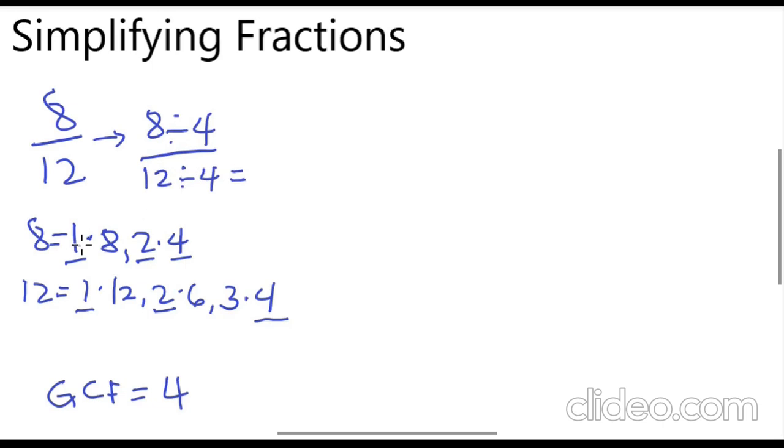And then, ang ipapalit natin, syempre, of course, yung kapartner ng 4 dun sa factors ng 8. So, 8 divided by 4, as you can see, ang partner po ng 4 dito is the 2. And then, over 12 divided by 4, we have 3. So, when 8 over 12 is simplified, it should be 2 over 3.